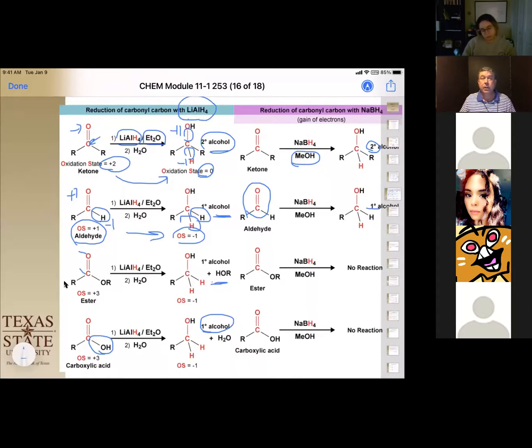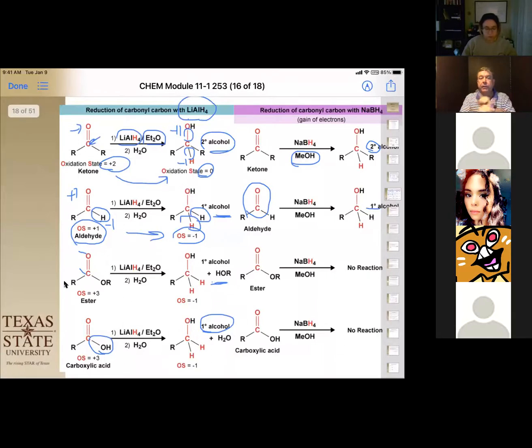Okay, so why is that important? Well, we now have selectivity. Okay, if you have a ketone and a carboxylic acid or a carboxylic acid ester in your compound, and you only want to reduce down the ketone, you can selectively choose sodium borohydride to only reduce down the ketone and leave the ester alone. Okay.